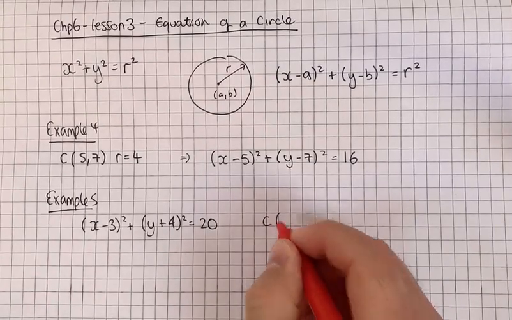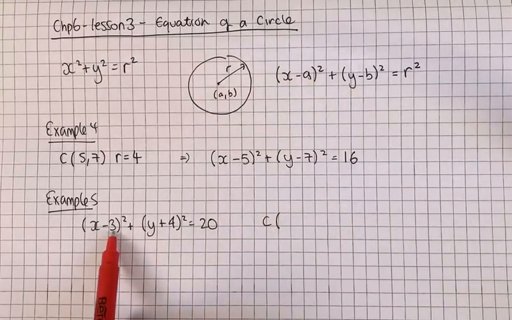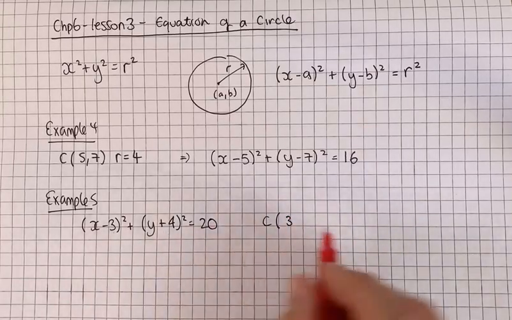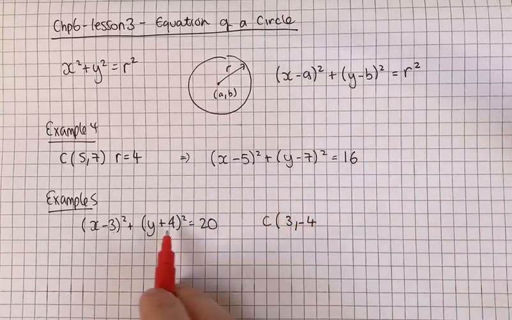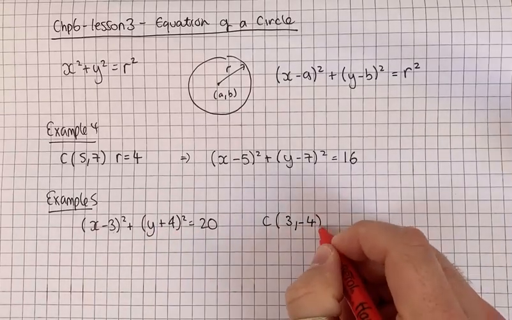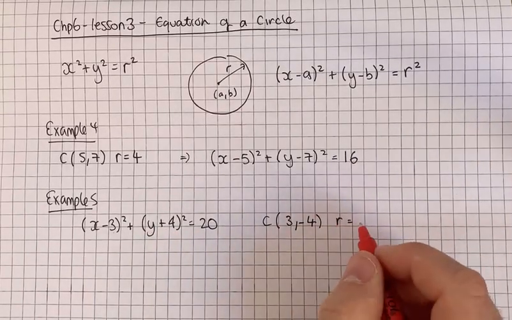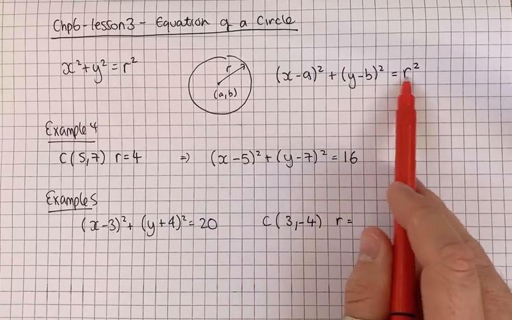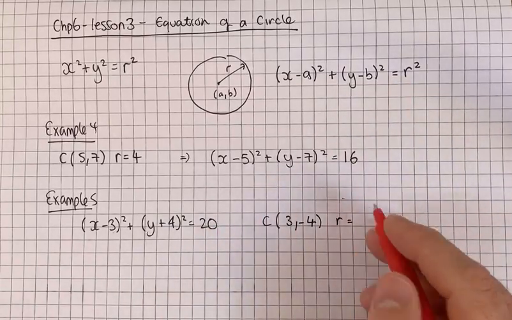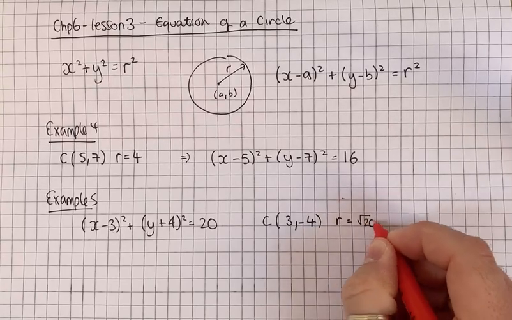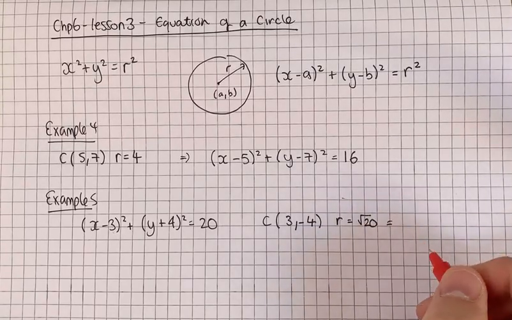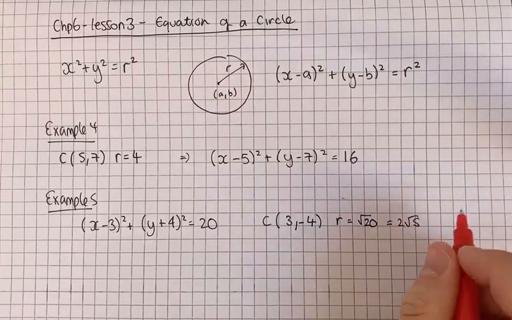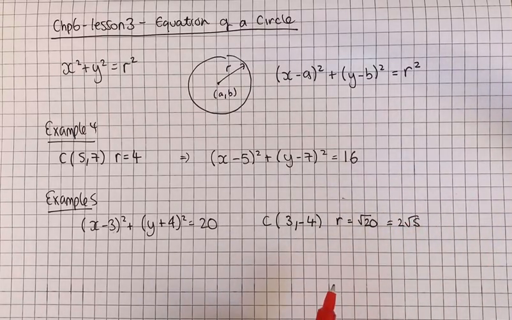We can pick the centre off straight away because remember it's minus a, so a is 3, minus b, so b is minus 4, because two minuses make a positive. Radius, the common error would be to put 20, but it's actually going to be the square root of 20 because it's r squared. So r squared is 20, so r is root 20, which we can simplify down to root 4 root 5, to 2 root 5. You can leave it as root 20 though.